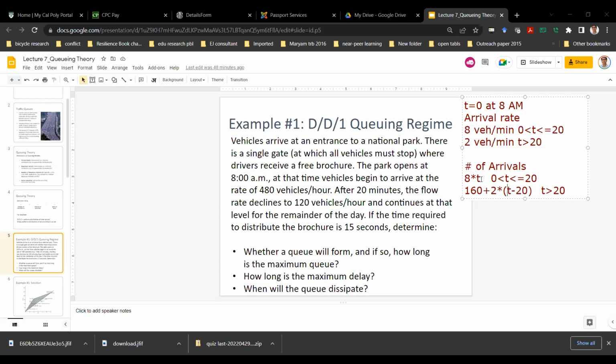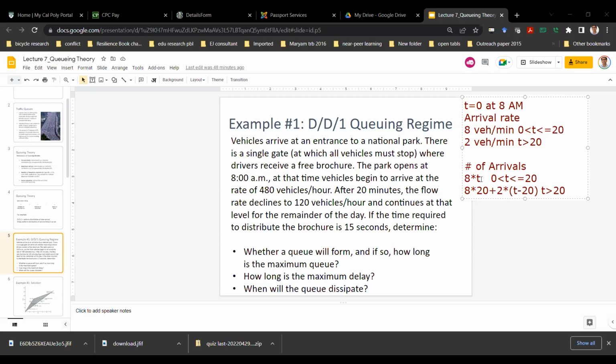So 160 vehicles arrived in the first 20-minute period, and that's what we had to add on to. That 160 is essentially 20 times 8, or maybe 8 times 20 is better, as a representation: 8 times 20 plus 2 times t minus 20.